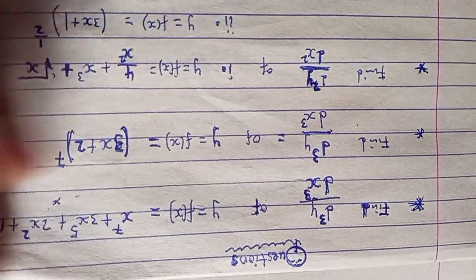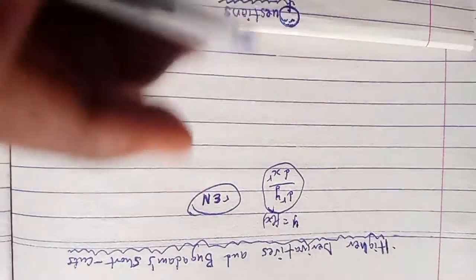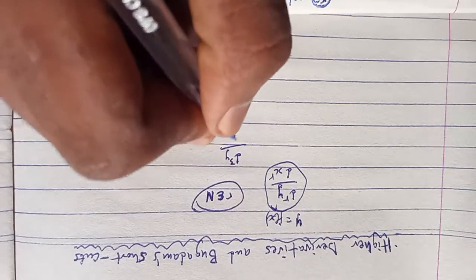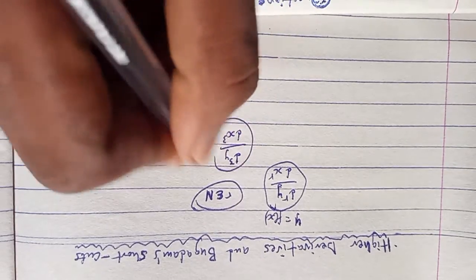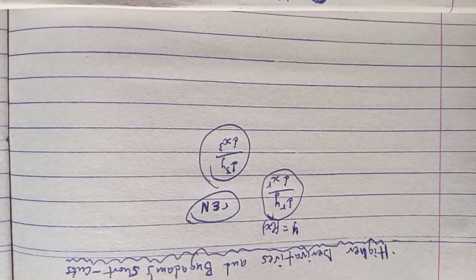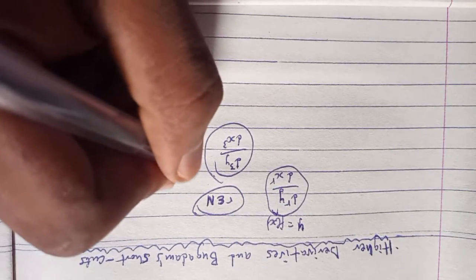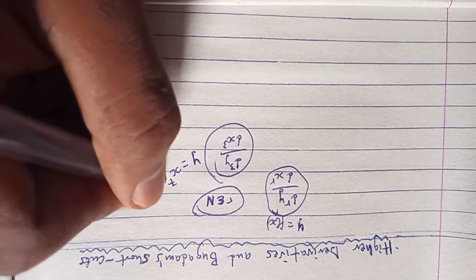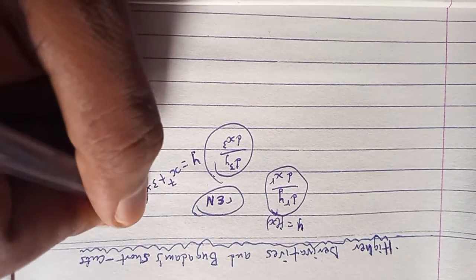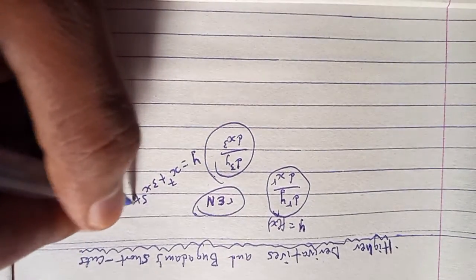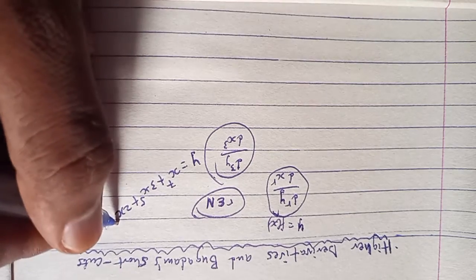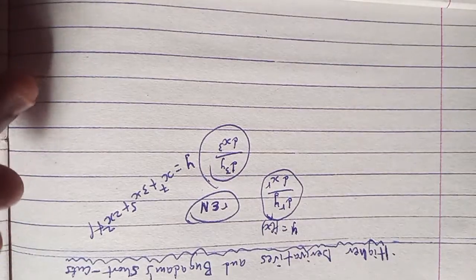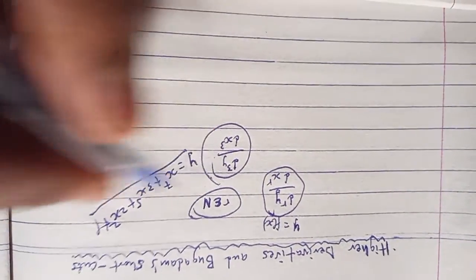So how do we solve this, guys? The question told us to find the third derivative, so this is our focus. Now we have our function y equal to x power 7 plus 3x power 5 plus 2x squared plus 1. This is the function we are to differentiate.